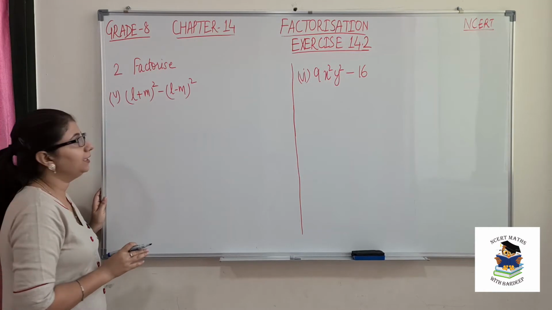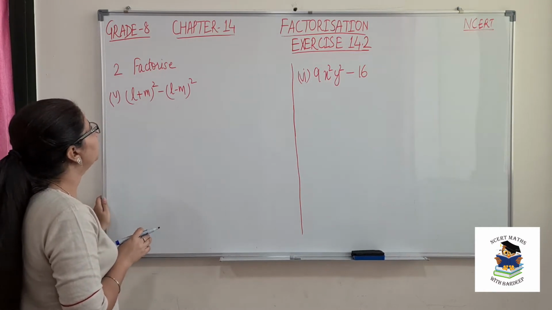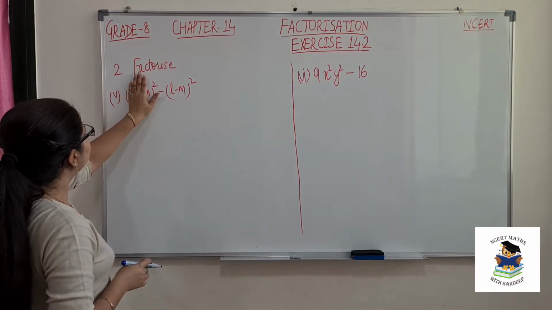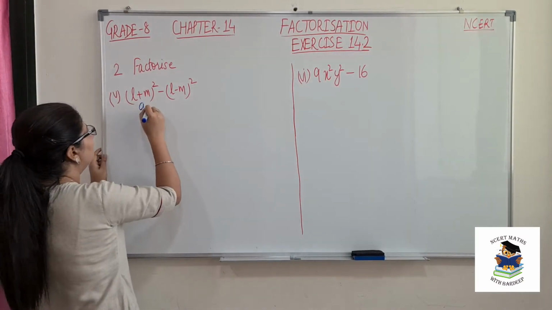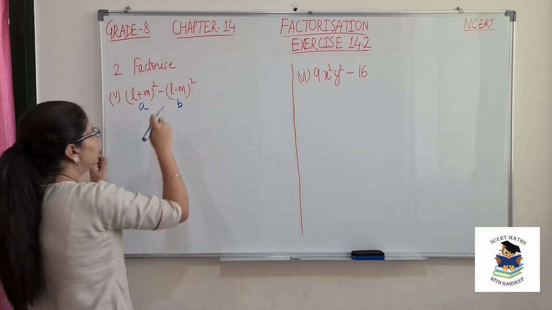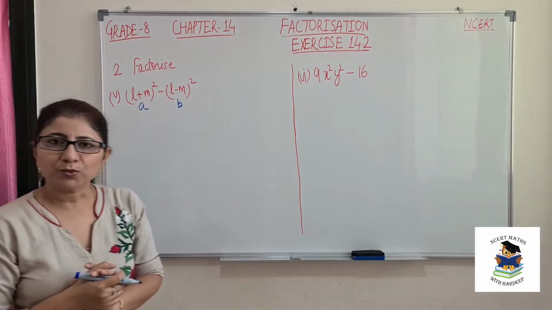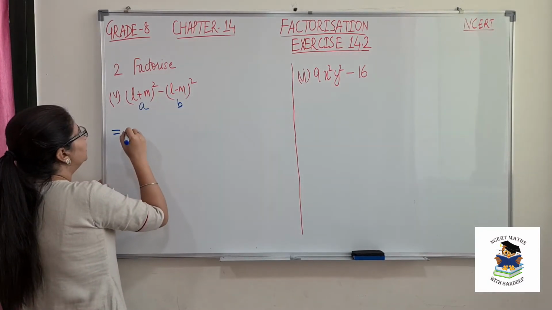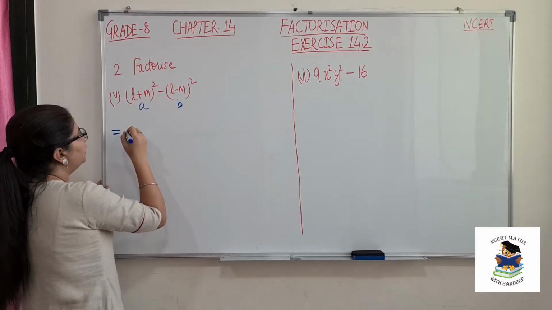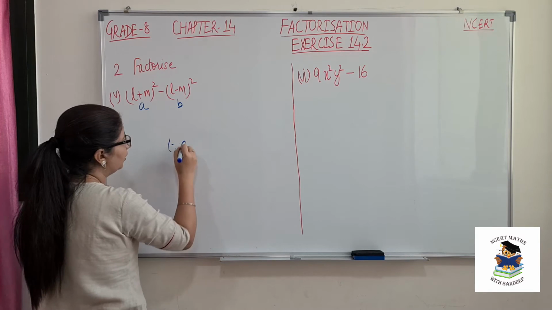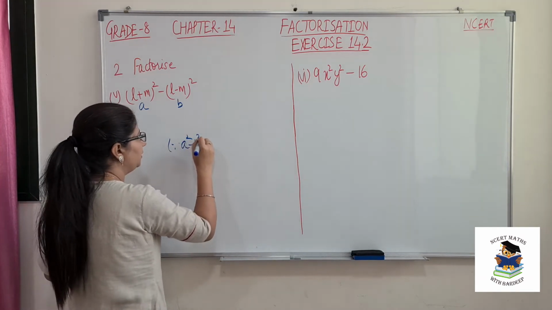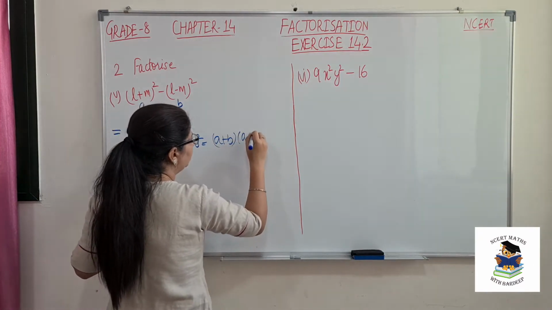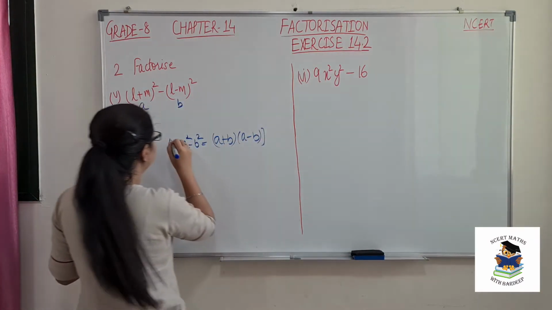So the fifth part is l plus m whole square minus l minus m whole square. We assume the first to be a and this full term as b. This is already of the form a square minus b square, so we will apply a plus b and a minus b, because a square minus b square is equal to a plus b into a minus b.